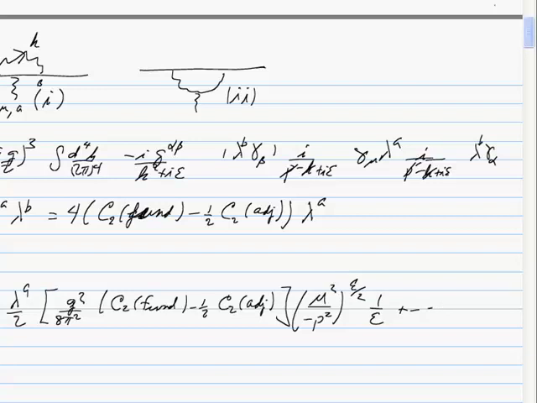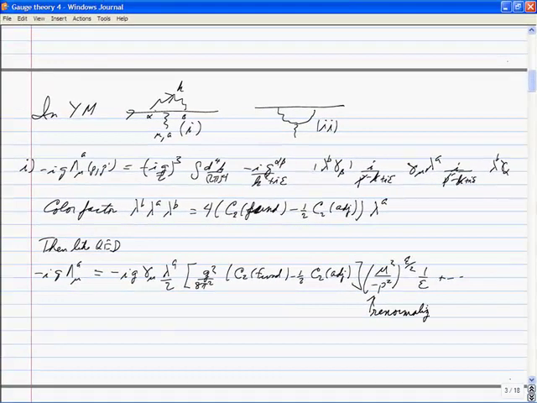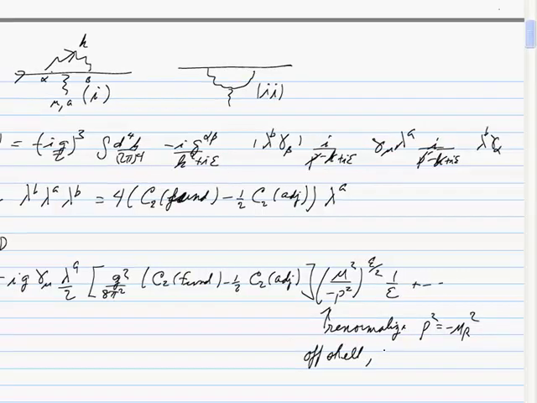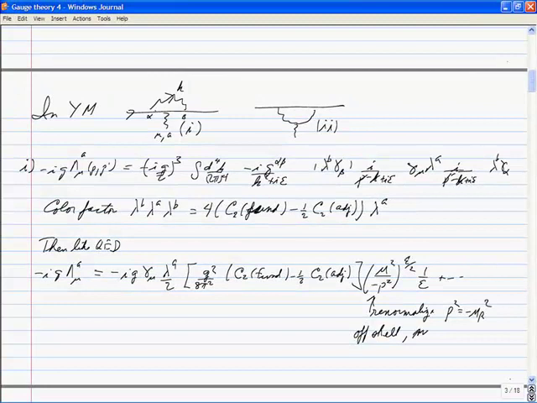Okay, so the other thing that's worth pointing out here is that we're going to renormalize this at some p squared equals minus mu R squared. So we're just going to take some p squared. So this is off shell. And that's a good thing to do. The reason you do it is you don't want any mass dependence.